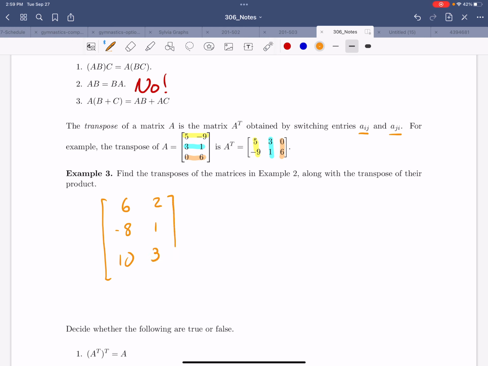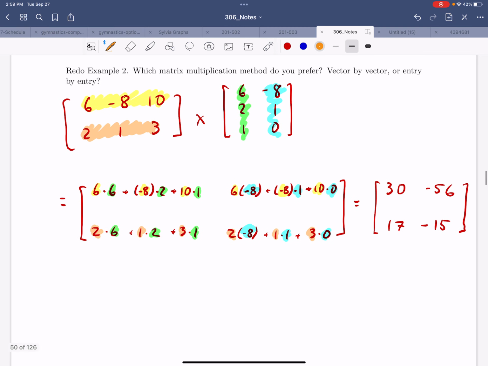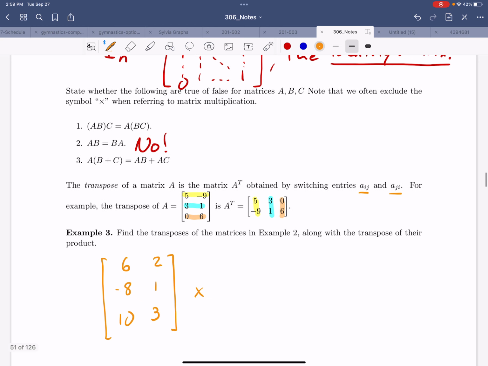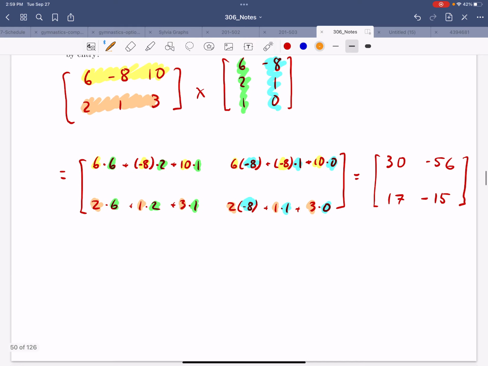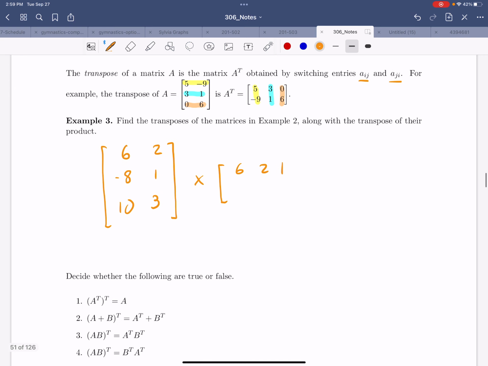See how I wrote the rows as columns? And let's find the transpose of this matrix. So the first row is 6, 2, 1. And then the second row is negative 8, 1, 0.